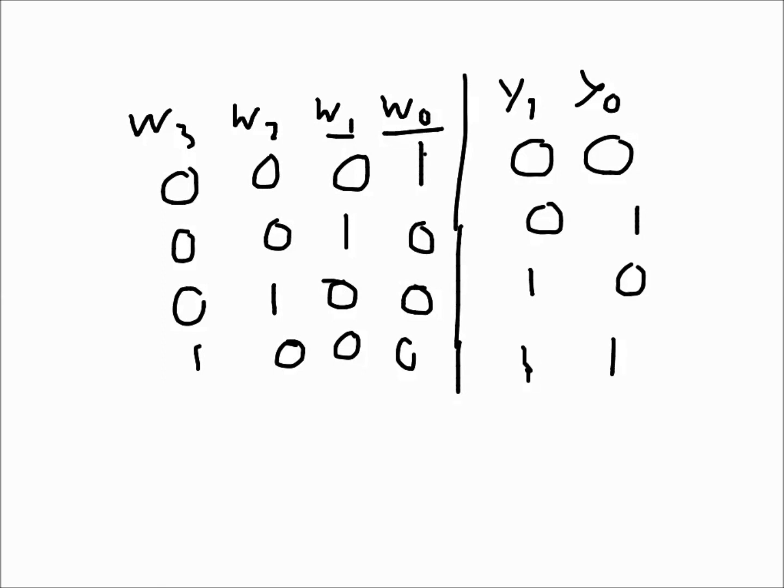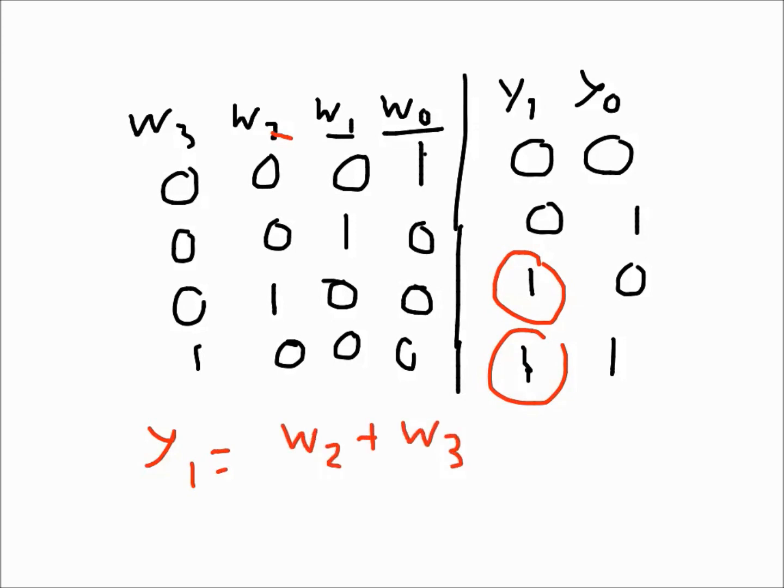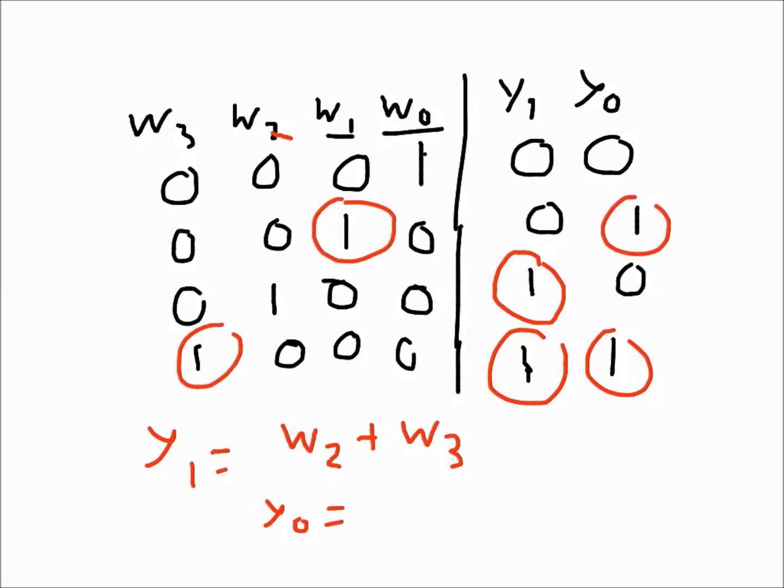If we look at the outputs, since only one of them can be 1 at a time, Y1 will easily be W2 plus W3, and Y0 will be W1 or W3. So the implementation will be like this.